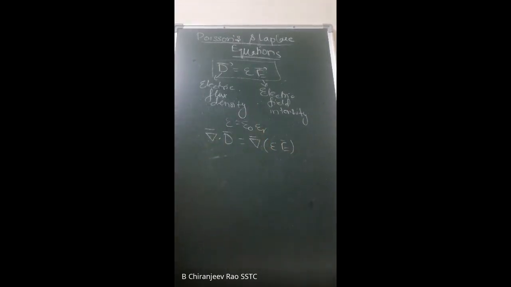And what is E? We know that the relationship between E and V is E is equal to minus gradient of V. So E is minus gradient of potential.